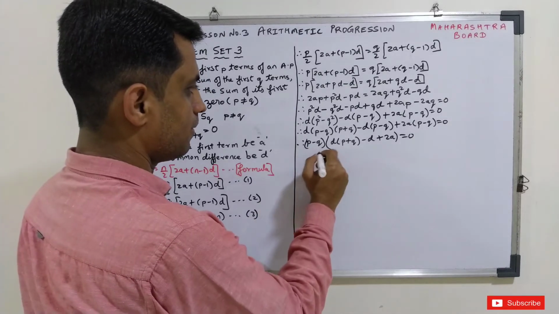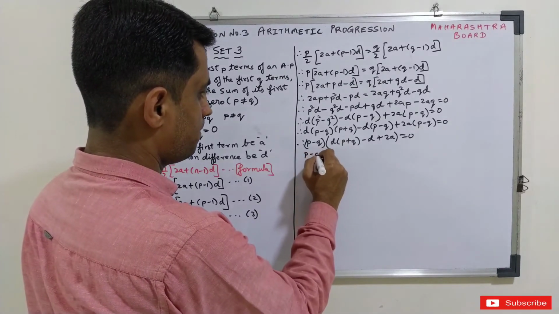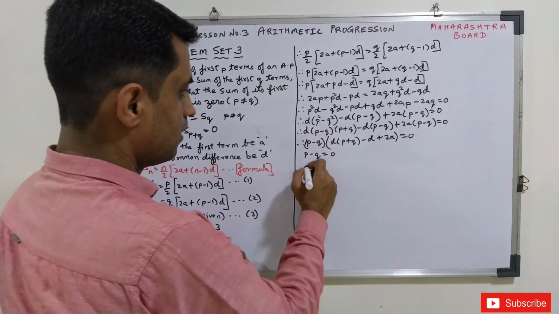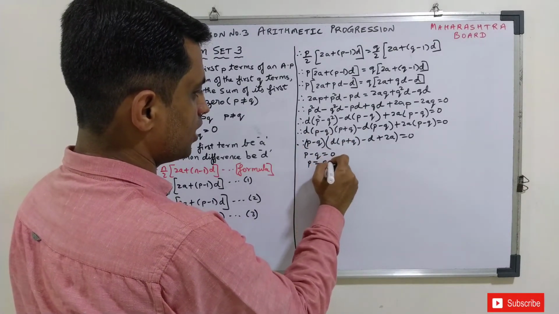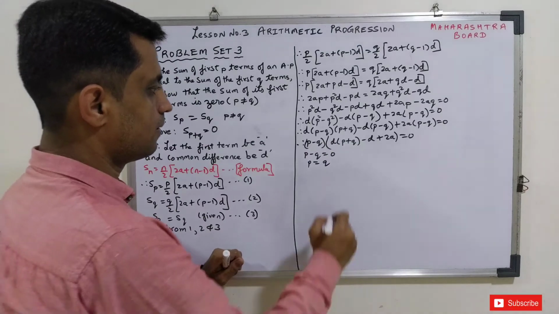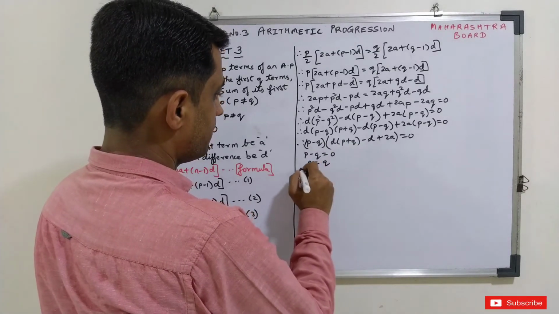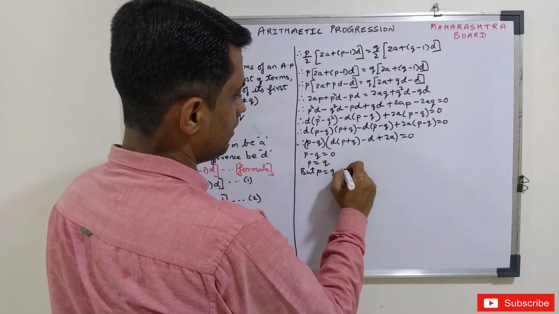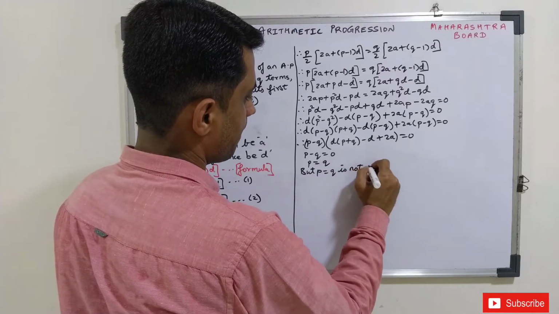Now, P minus Q is equal to 0. Let us compare with 0. So, P will be equal to Q, Q shifted this side. But P is equal to Q is not acceptable.